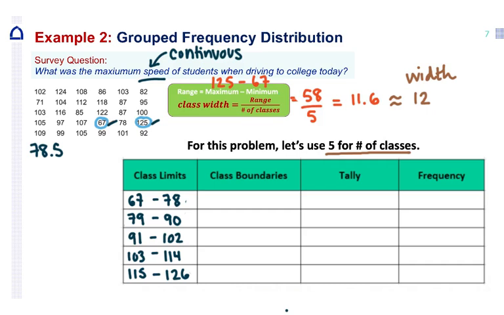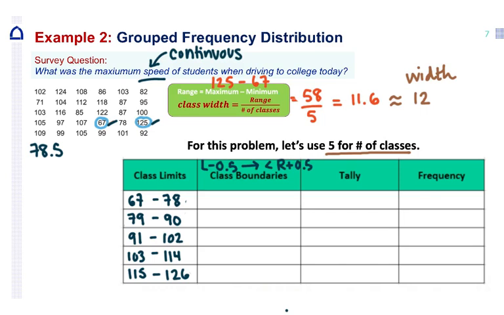So to solve that, we understand this concept called class boundaries. And the idea of class boundaries is related to rounding. So basically, on the left boundary, the lower limit, all you need to do is subtract 0.5, and then it's going to go up to and less than the right limit or the upper limit plus 0.5.